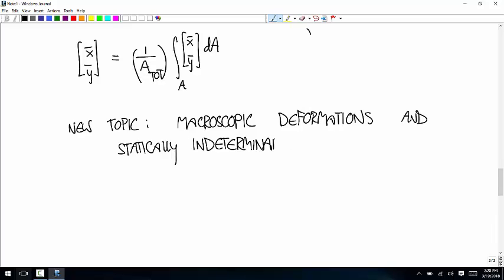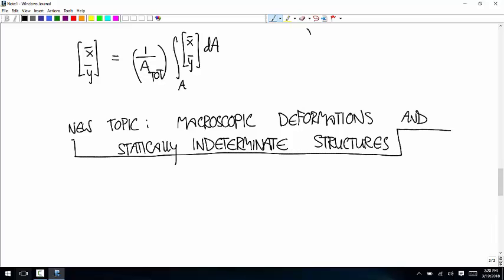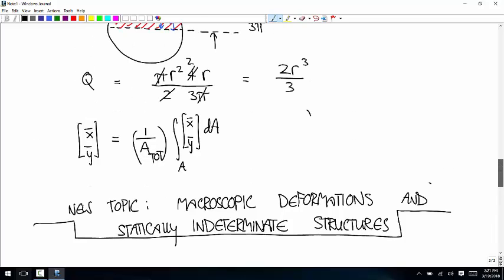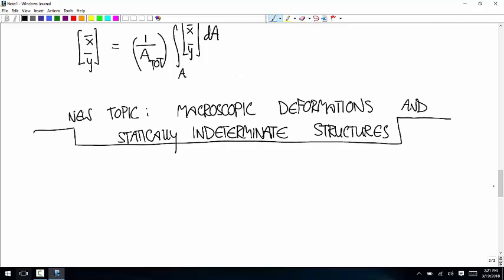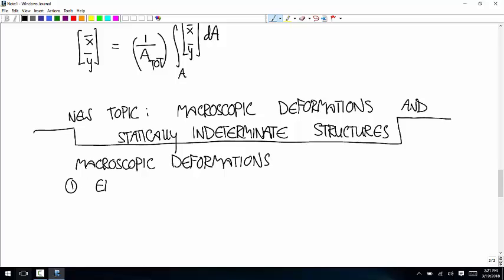It's not indeterminate, it's indeterminate structures. And so the approach that we're going to take to doing this is macroscopic deformations. We'll go first with elongation.